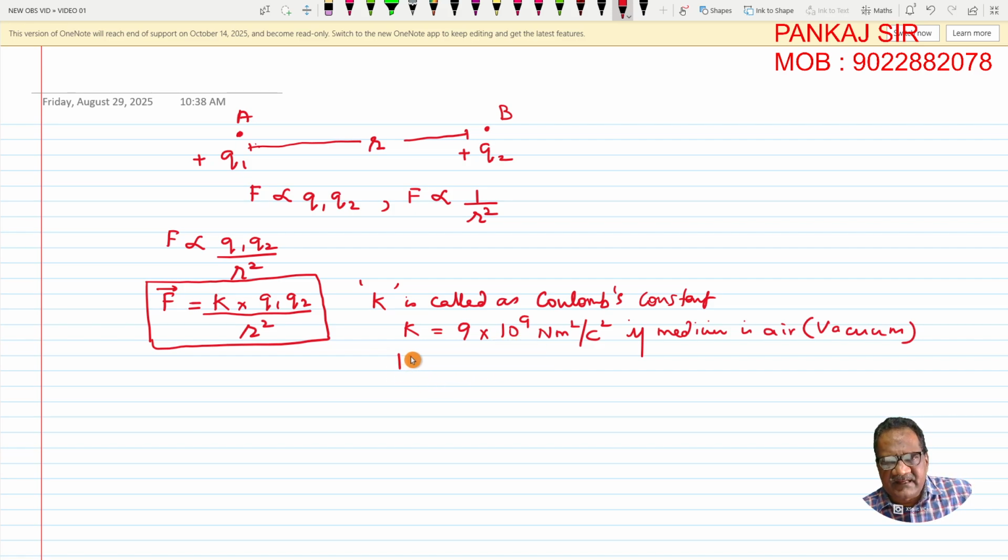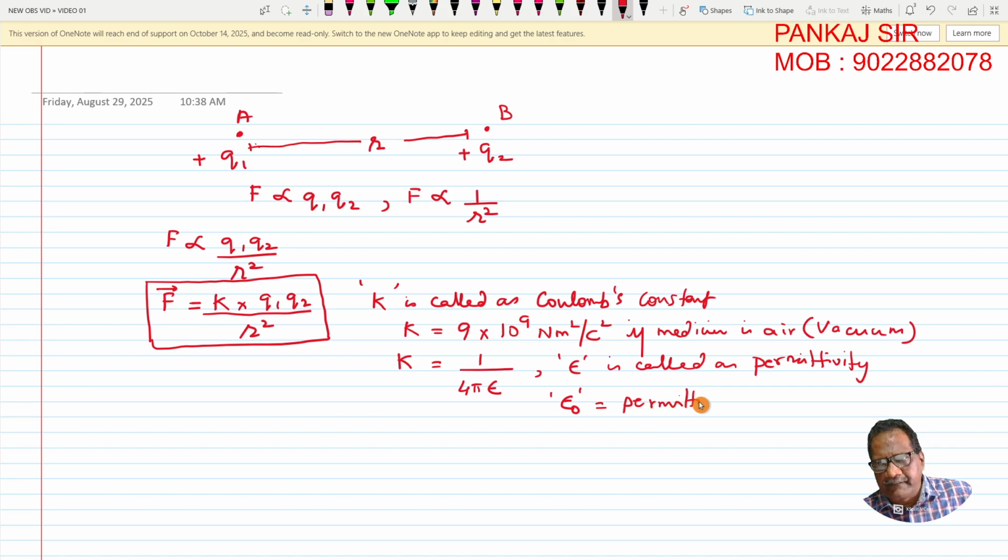Now, K is also given by the formula 1 upon 4 pi epsilon, where epsilon is called the permittivity of the medium. In general, epsilon 0 is the permittivity of air or vacuum.